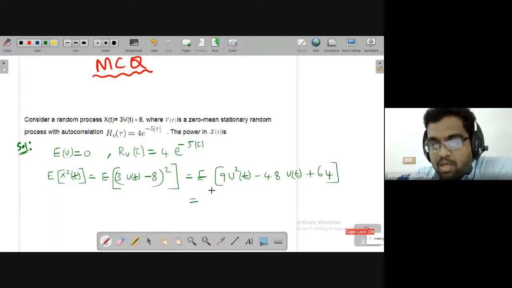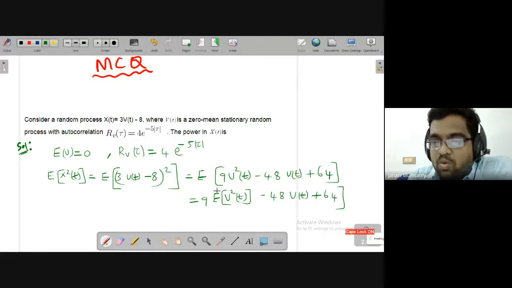Then you apply the expectation operator. The constant can be taken out, you know that.